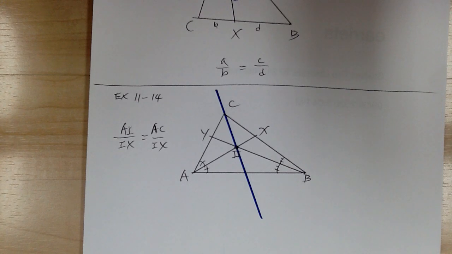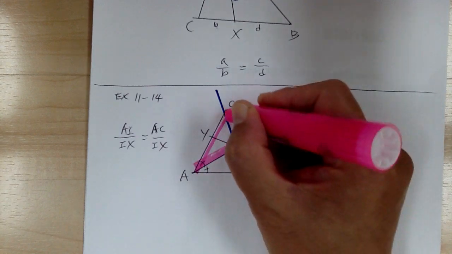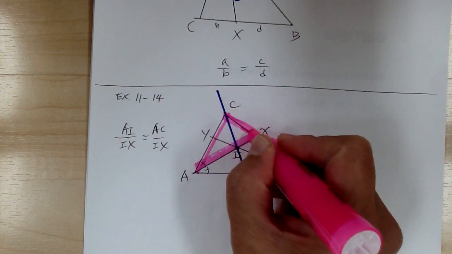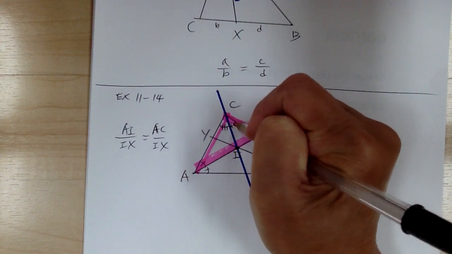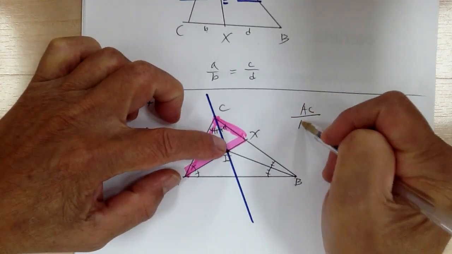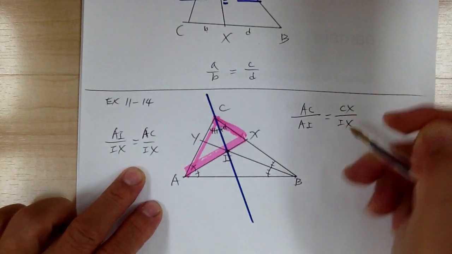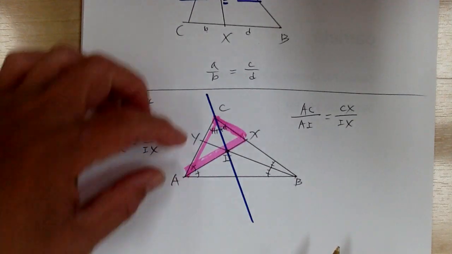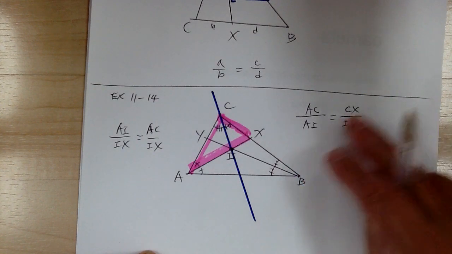So now what you want to do is look at this triangle right over here. Okay, so if you just look at this triangle, and then you apply the angle bisector theorem, you're going to have AC over AI equal to CX over IX. Right? So you get an angle bisector for this pink triangle. So this over this equal to this over that. Then after that, first let's cross multiply.